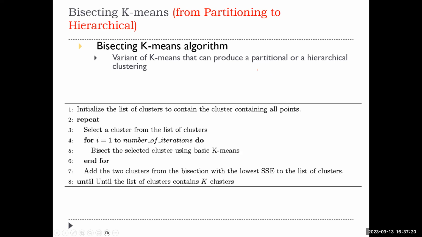So what it does is, I'm just going to make a random example like this. So you apply to the original data the k-means algorithm with k is equal to 2. That's what you do.